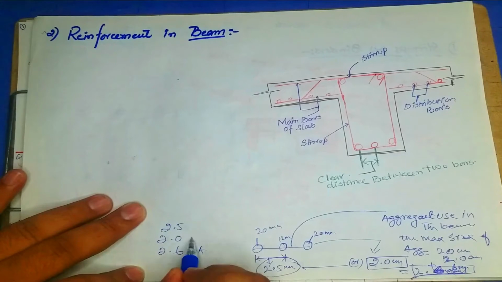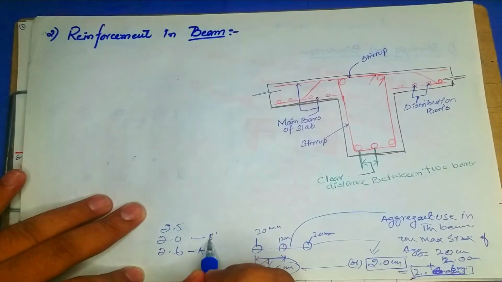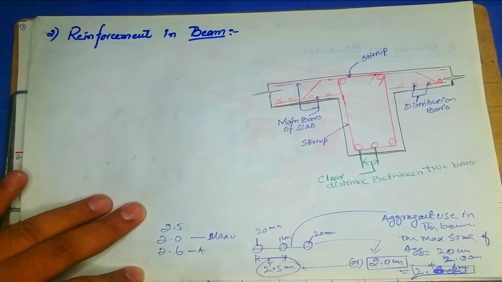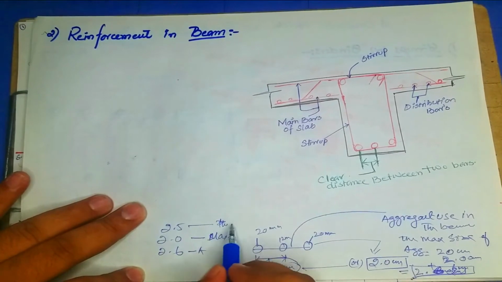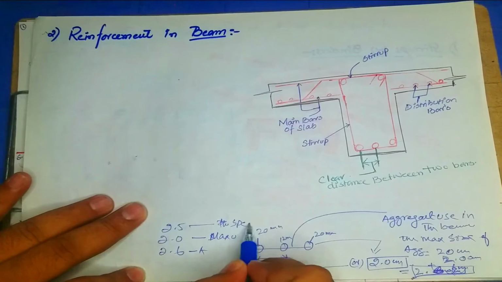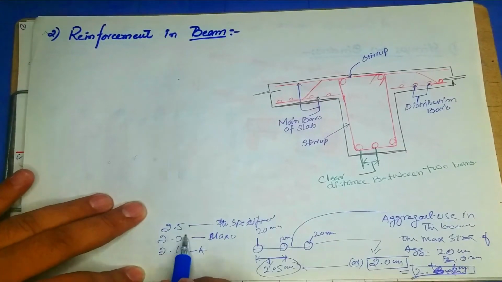So for aggregate and for maximum steel diameter used, these are the specified thumb rules.